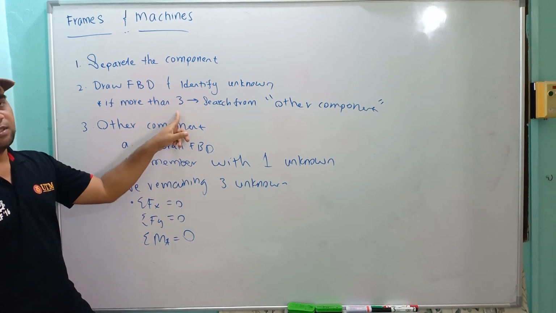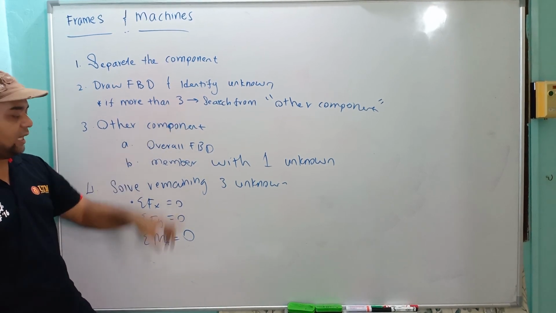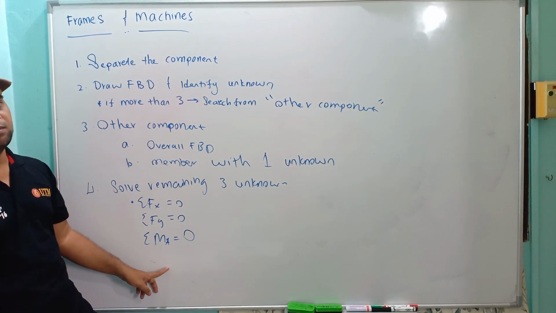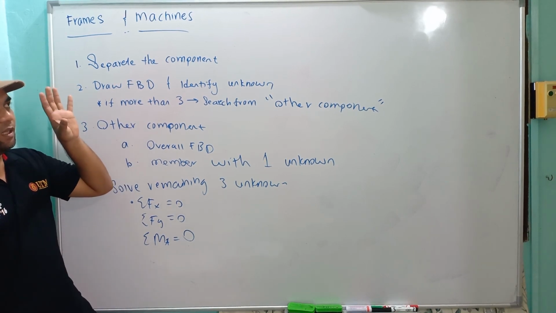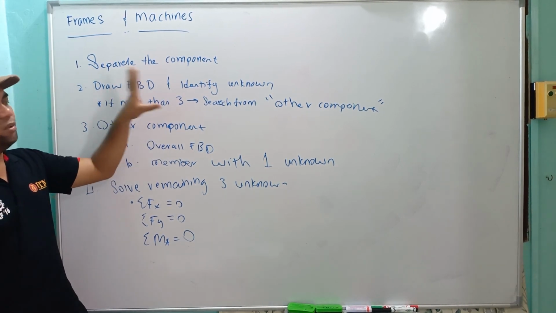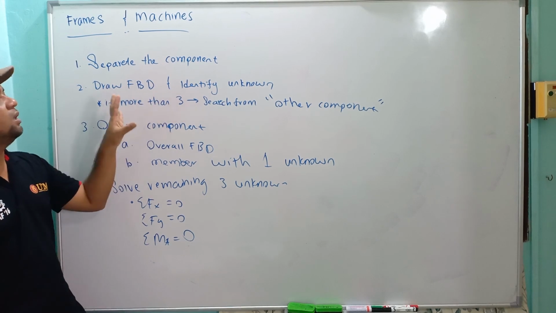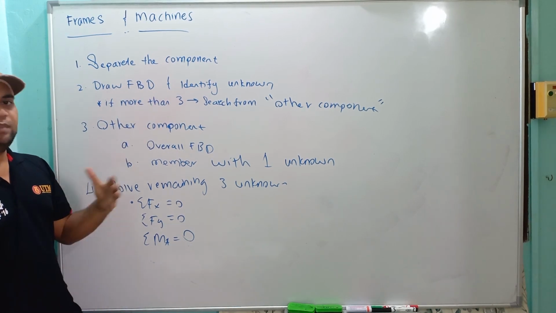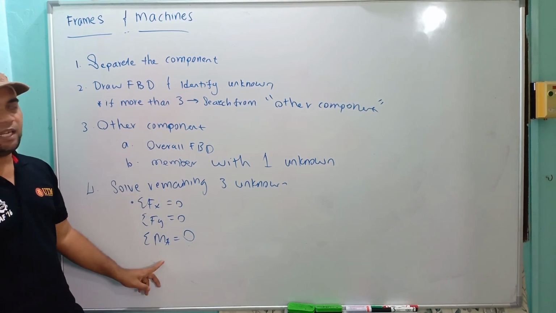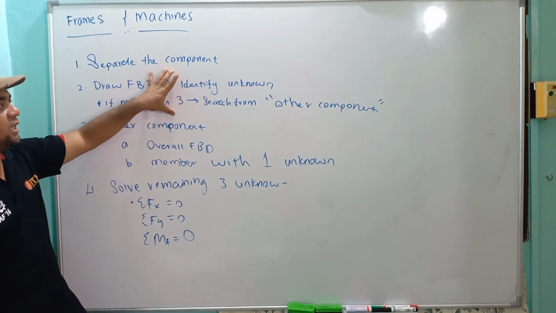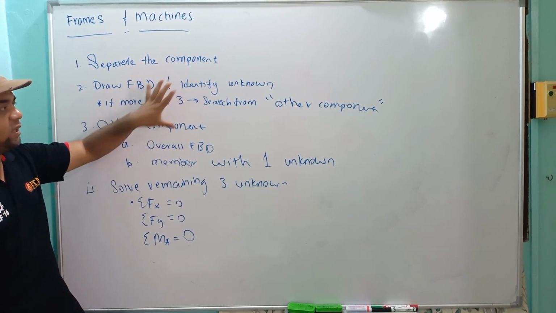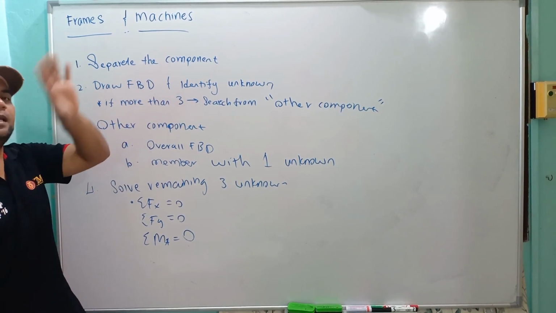If you have only 3 unknowns, you can directly solve using sigma Fx, sigma Fy, sigma moment. But in this case, normally we will give you a lot of unknowns, more than 3. It can still be solved, even though we can only have 3 unknowns: we can search for the unknown from other parts first.